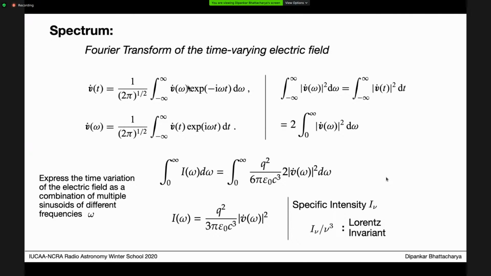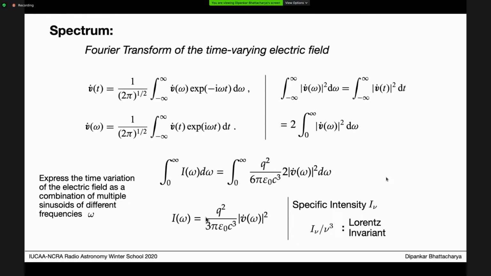Okay. So now that I have decomposed my time varying electric field in terms of these individual components, I can also write the power, the Larmor formula power that I wrote before, in terms of this v dot of omega.